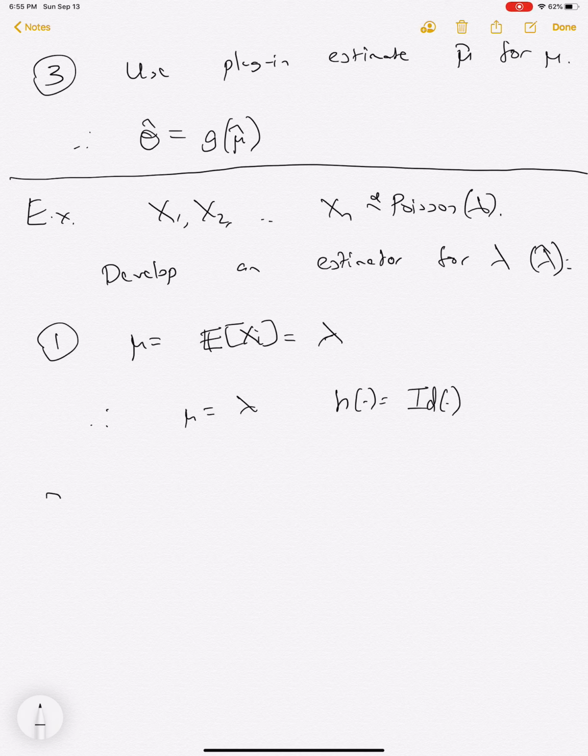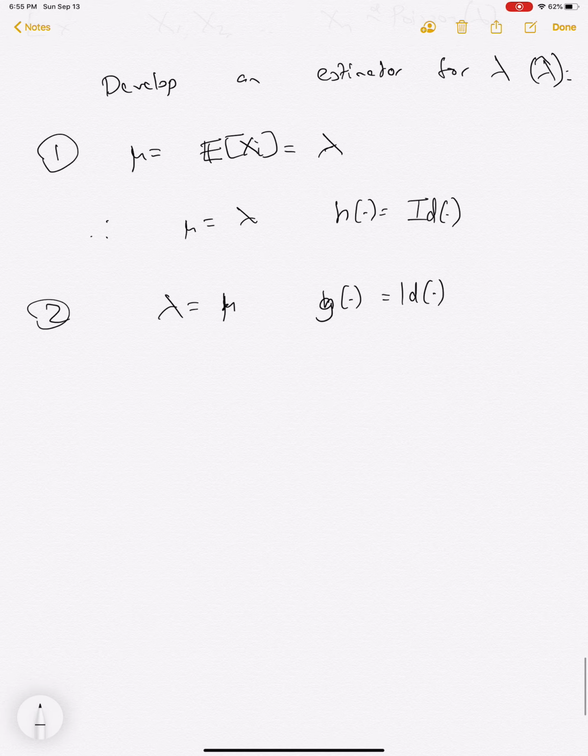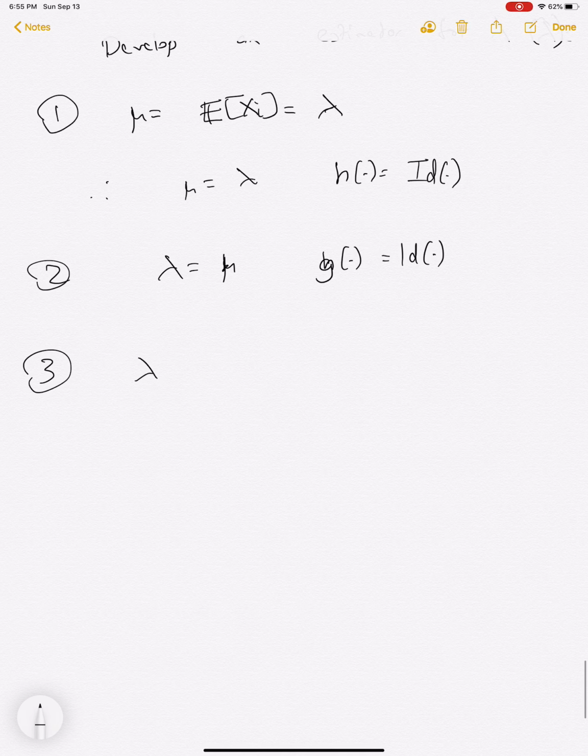The inverse of an identity is very simple to calculate. You just get that lambda equals mu. So your h is just the identity, your g here is just the identity, and therefore you just get that lambda hat is equal to X bar, which we've already determined a number of different ways.